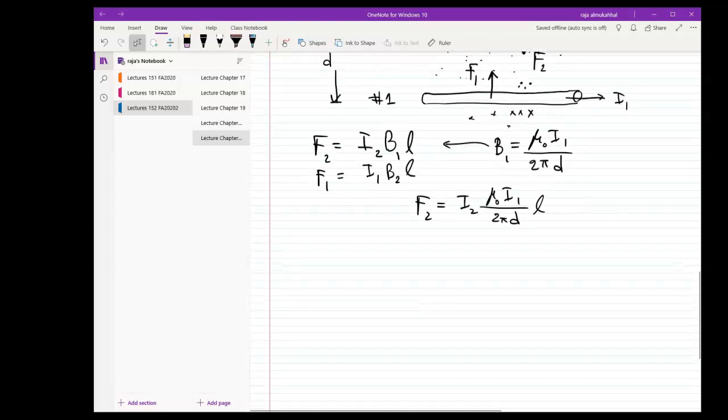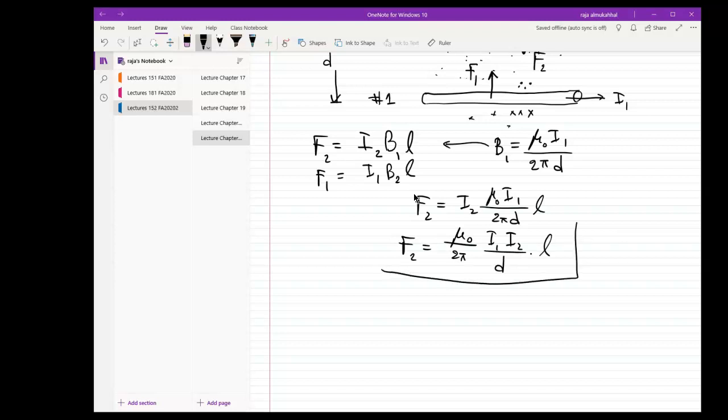If I write it in a better way, F2 is equal to mu naught over 2 pi times I1 I2 over the distance d times L. That's the formula.